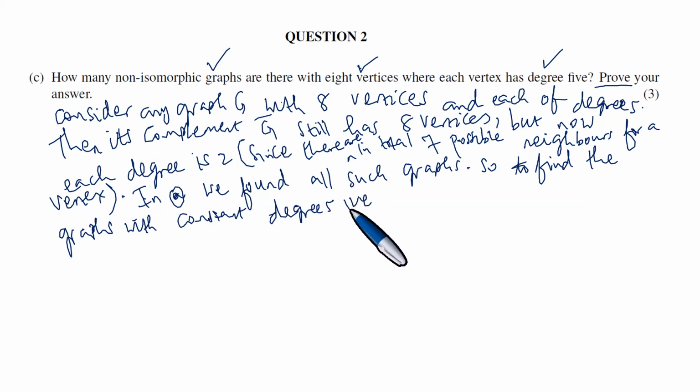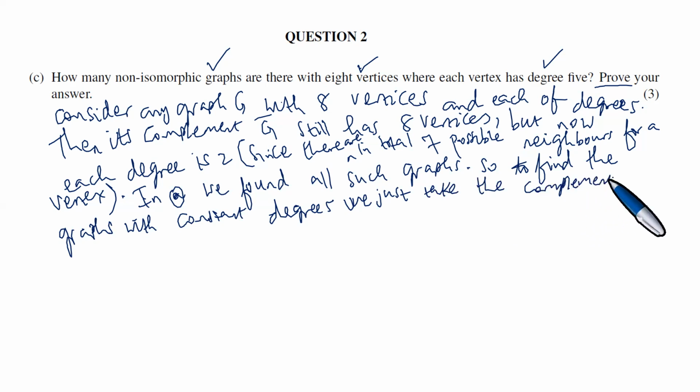We just took the complements. So obviously if you take the complement of the graphs in A, you get the graphs in B. If you take the complement of the graphs in B, you go back to those in A. We take the complements again.